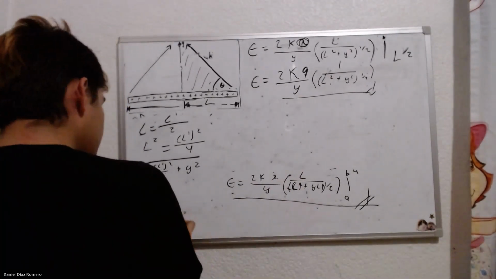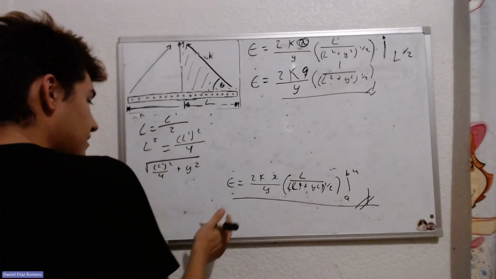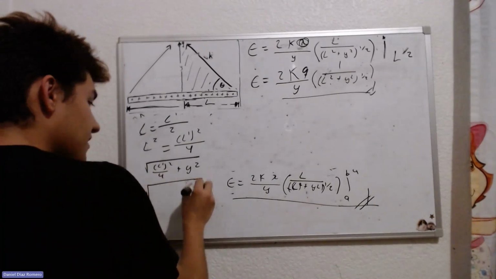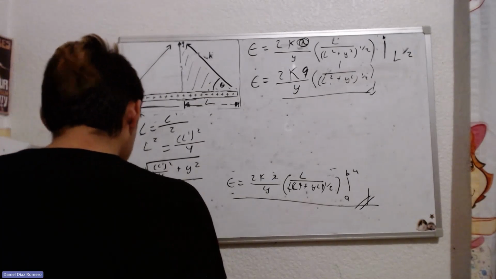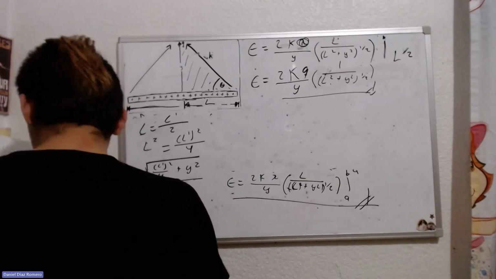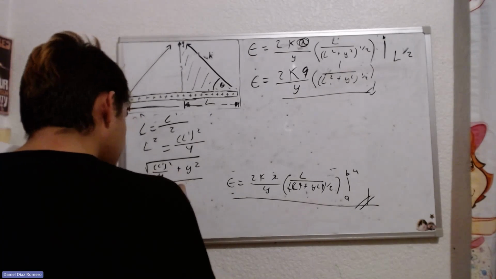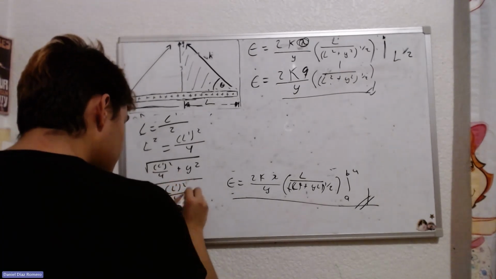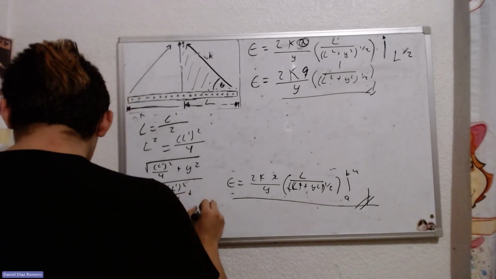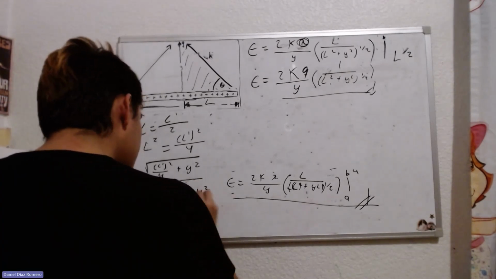So now we can multiply alongside the fractions, so we can get a simpler expression. For example, by multiplying by 4 over 4, because here's another 4. So L squared over 4, and here we need to put y squared.